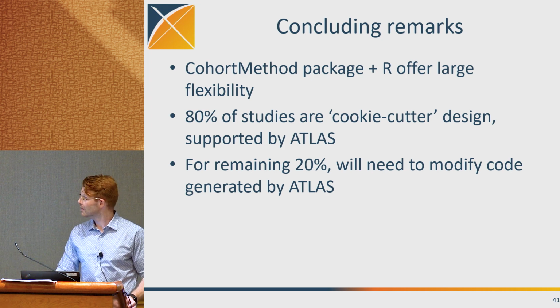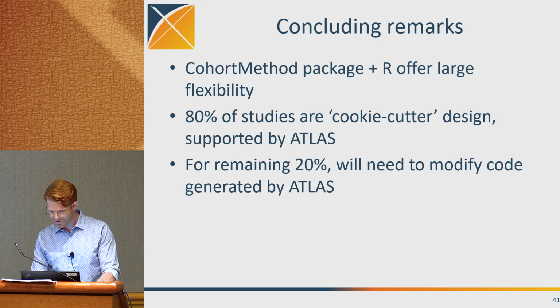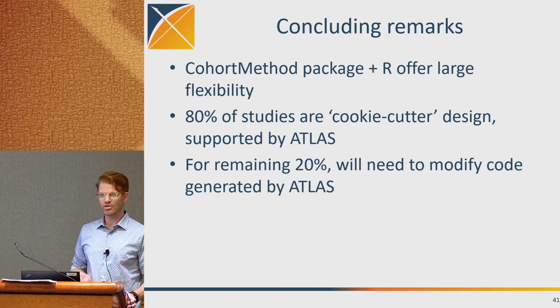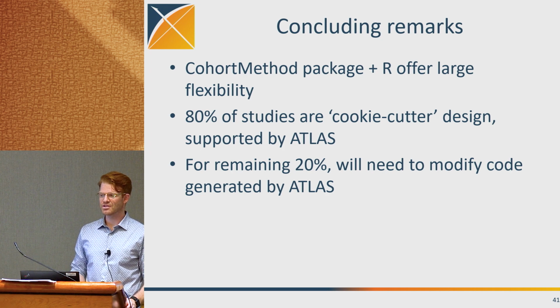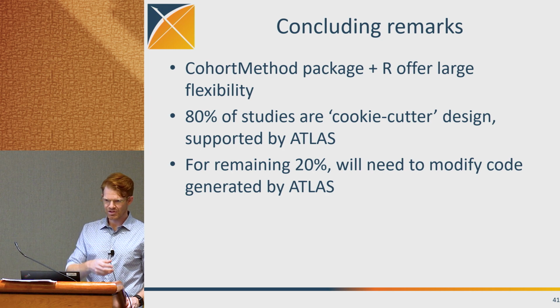Network studies are the way of the future. You get to see the heterogeneity of effect across large populations, and you stop making grand inferences on the basis of a study in one tiny little population. You can do it in many.